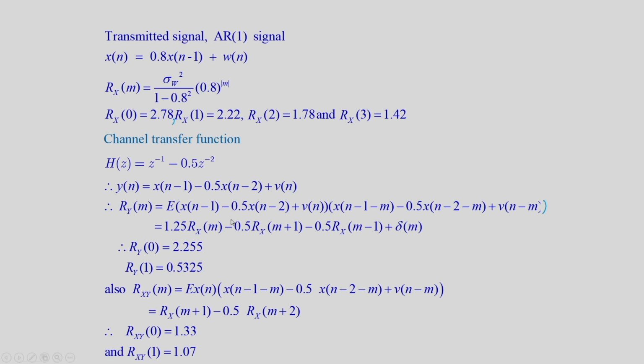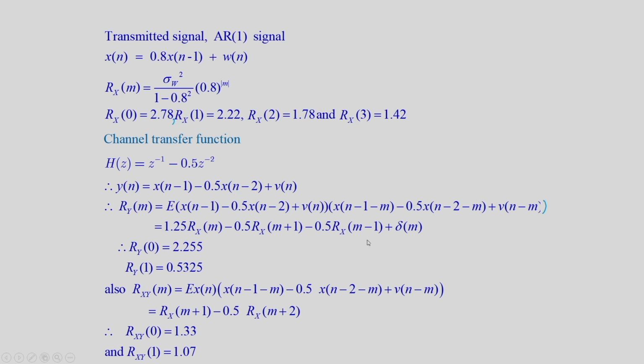Similarly, there will be the cross terms. Because of that we will get minus 0.5 Rx of m plus 1 and minus 0.5 Rx of m minus 1. And this noise is of variance 1, and it will be uncorrelated with the signal and uncorrelated with the sample of the noise also, but only when m is equal to 0 there will be the correlation, that is the variance.